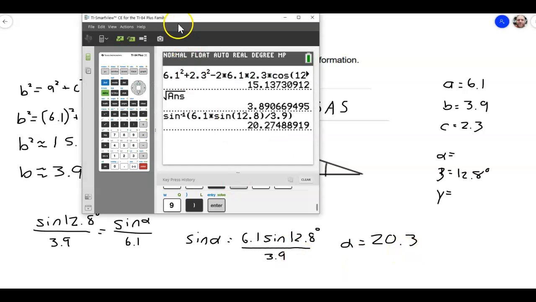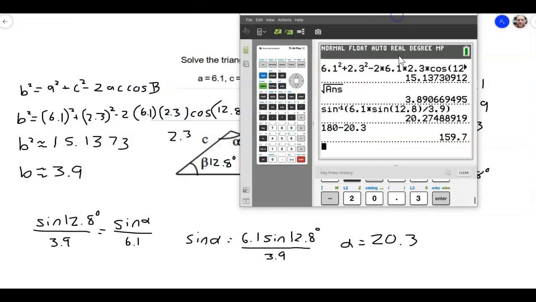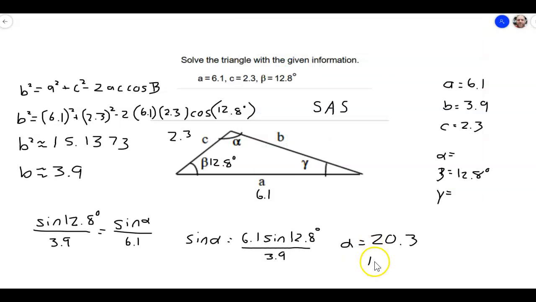So that's 159.7. Both of those are going to end up being possibilities here.